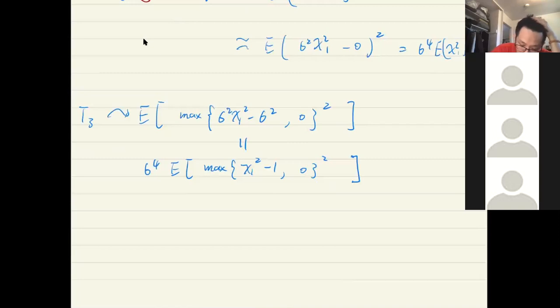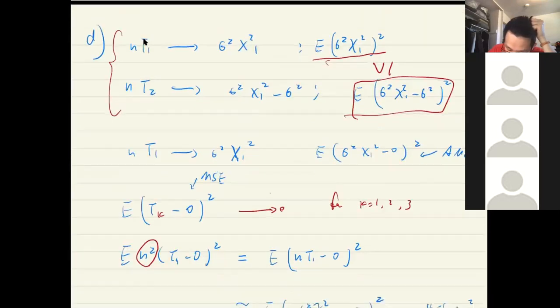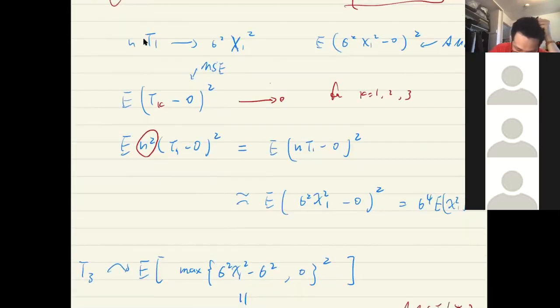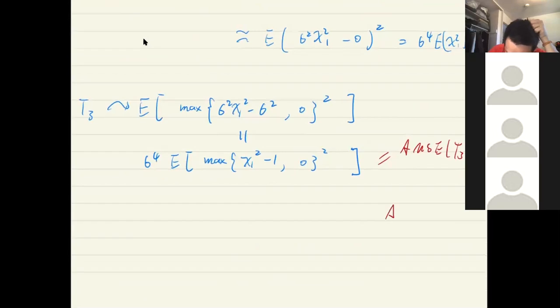And the asymptotic mean square of T3 will be smaller than T2. So T2 is this one.